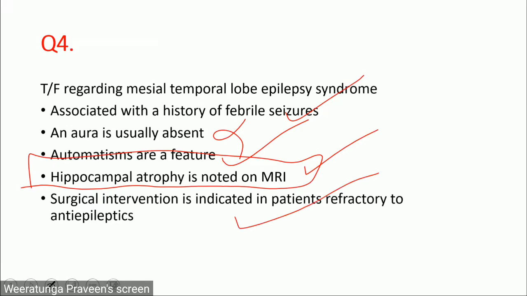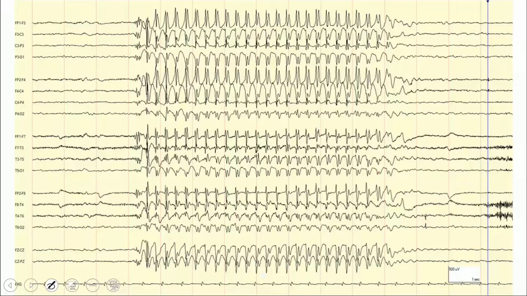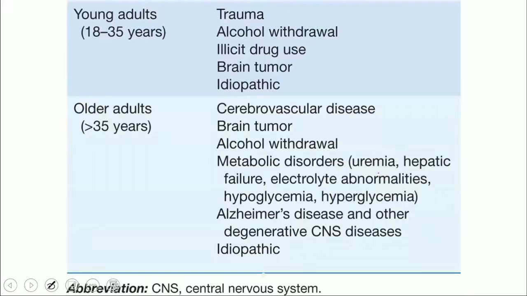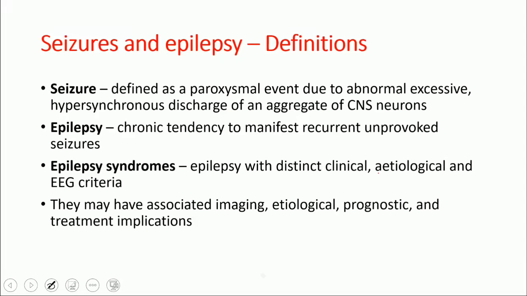Okay, so I'm now going to summarize all of this. What we've talked about so far is that a seizure is a paroxysmal event, a problem where lots of neurons are firing at the same time.